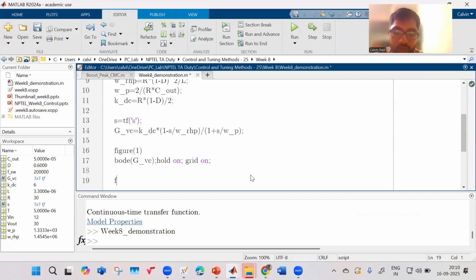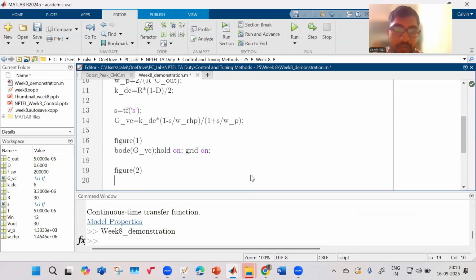Next, I'd like to show you the step response of GVC. Let me evaluate the section.